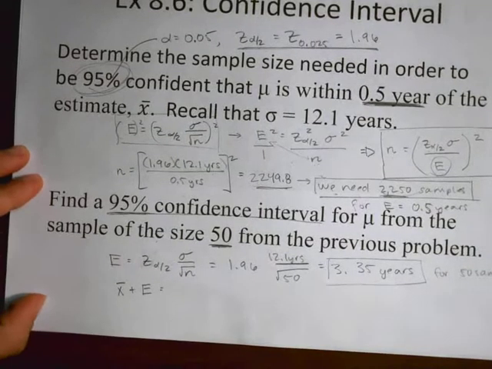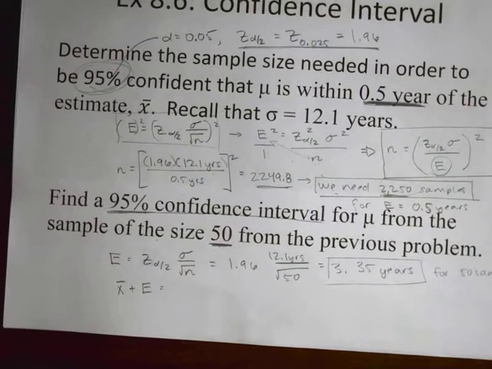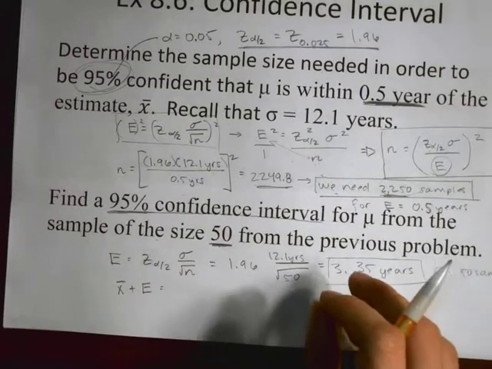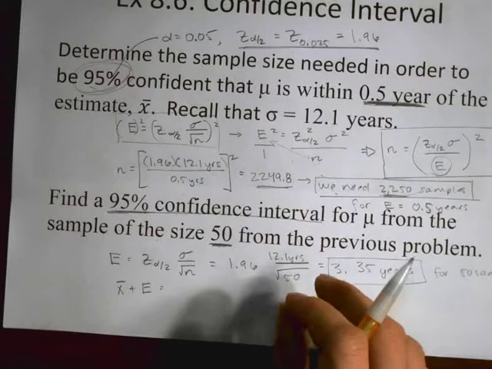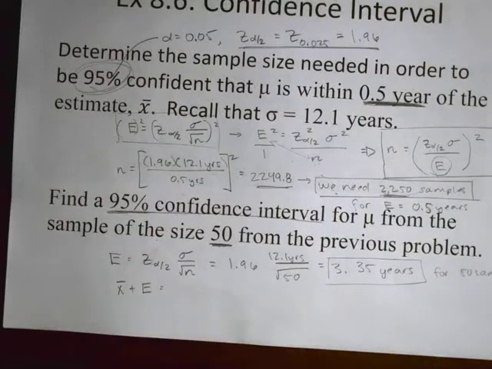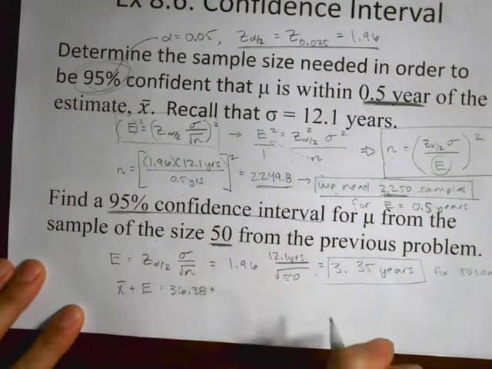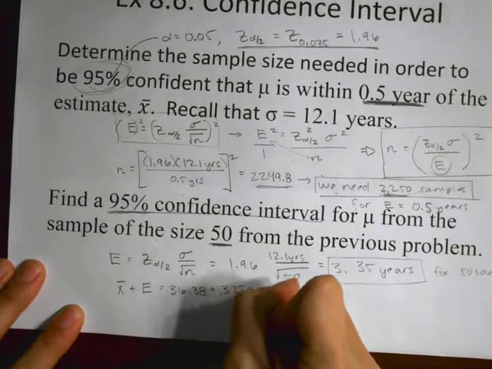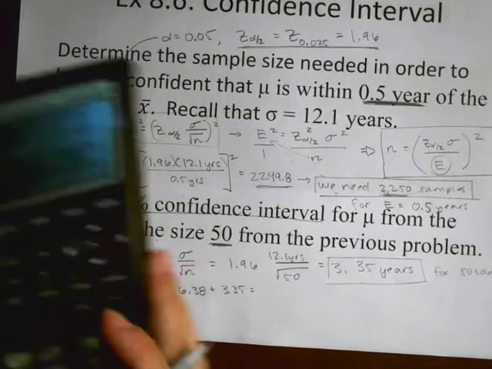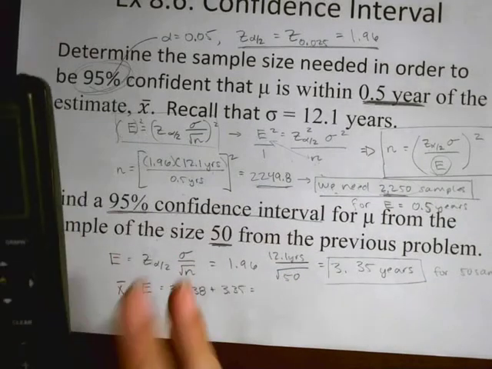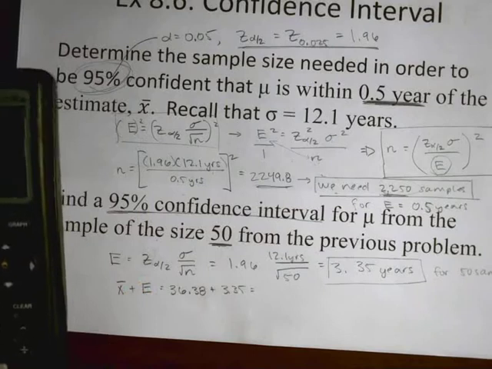So that is that I need to figure out what X bar plus E is. And that is going to be X bar, I think was 38.35. Let's see if I'm right there. Oh, 36.38. So 36.38 plus 3.35.